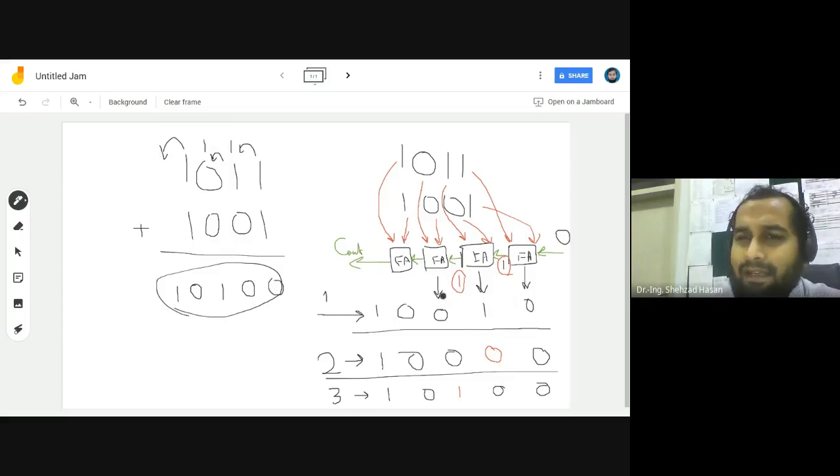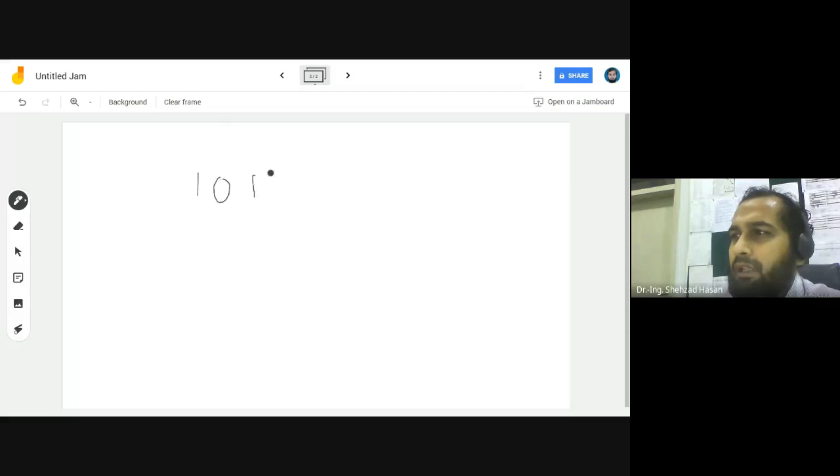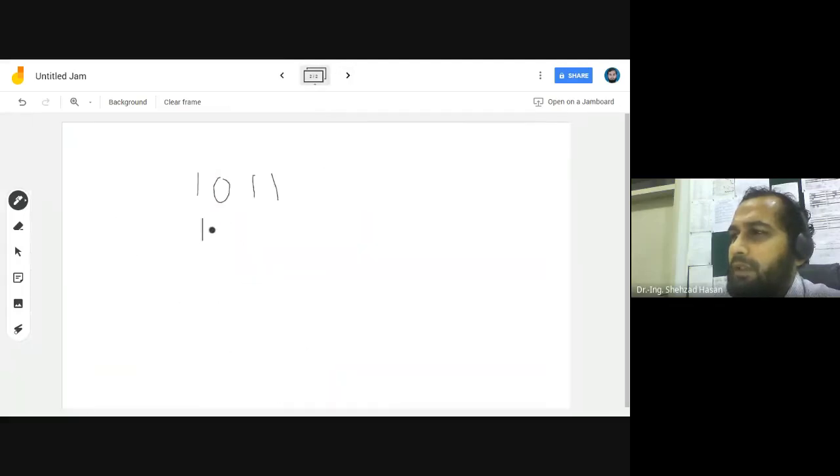Now in a carry select adder, we said that we are not going to do it this way. So I'm going to take the same example, 1011 1001. Now let's try to do it in the carry select way.